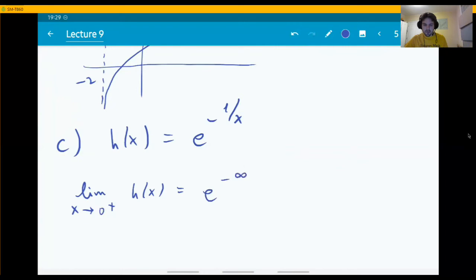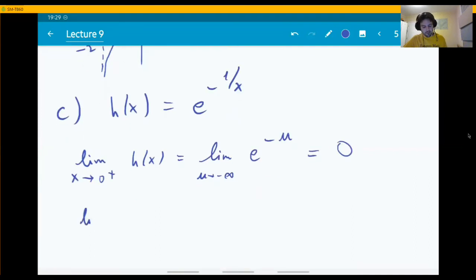All right, and this is e to the -infinity. What it means is the limit. So the proper way to say this is the limit of e to the minus u as u goes to infinity. But you can also write e to the -infinity. That's a 0. We should know this from the graph of the exponential function, for example. So in principle, we don't find an asymptote here according to this limit because we found a finite value.